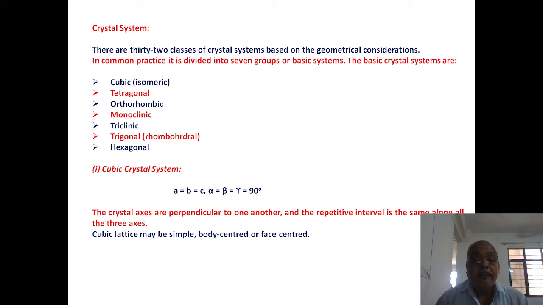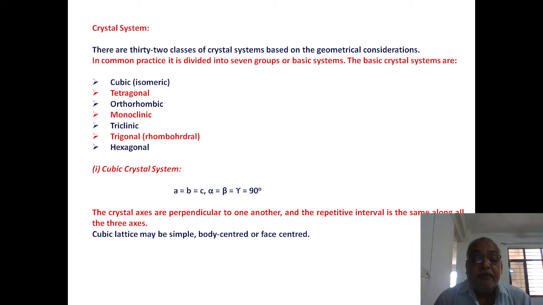लेट्स आइडिया लिया जाए इन बेसिक क्रिस्टल सिस्टम्स से. तो क्यूबिक क्रिस्टल सिस्टम में क्या होता है? a = b = c, अल्फा = बीटा = गामा = 90 डिग्री. ऑलमोस्ट क्यूब टाइप का चीज हो गया ये तो. Crystal axes are perpendicular to one another and the repetitive interval is the same along all the 3 axes.